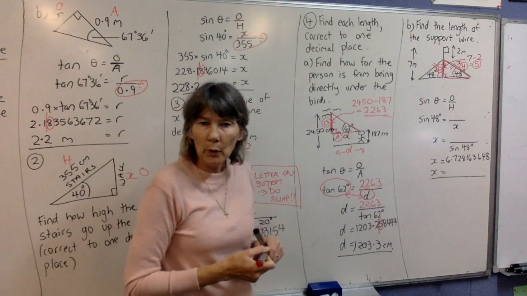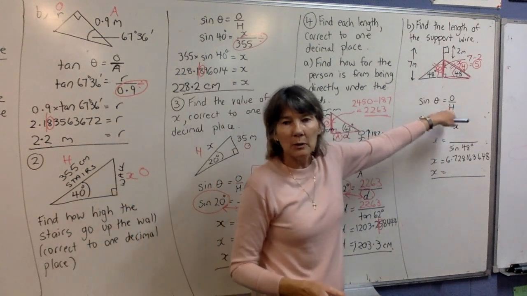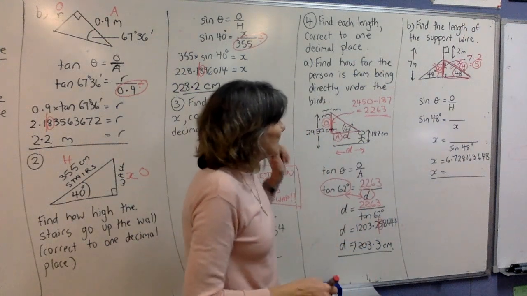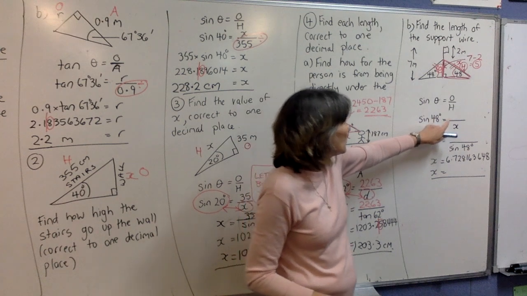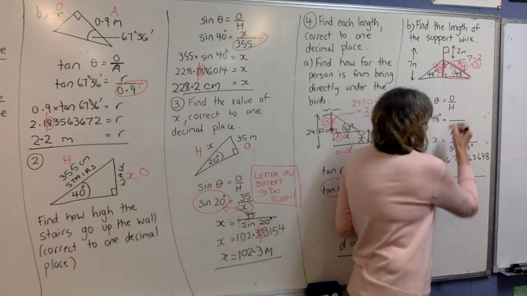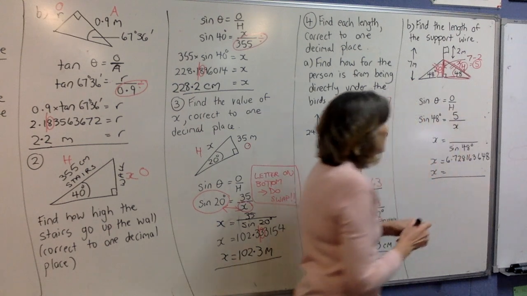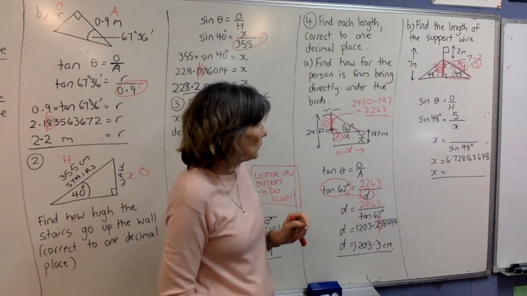So we've got an O and an H. That means we're dealing with sine. Sine theta equals O over H. All right, let's sub in. So we have sine 48 degrees for our angle equals the opposite side, 5, over the hypotenuse, X. That's what we're looking for.